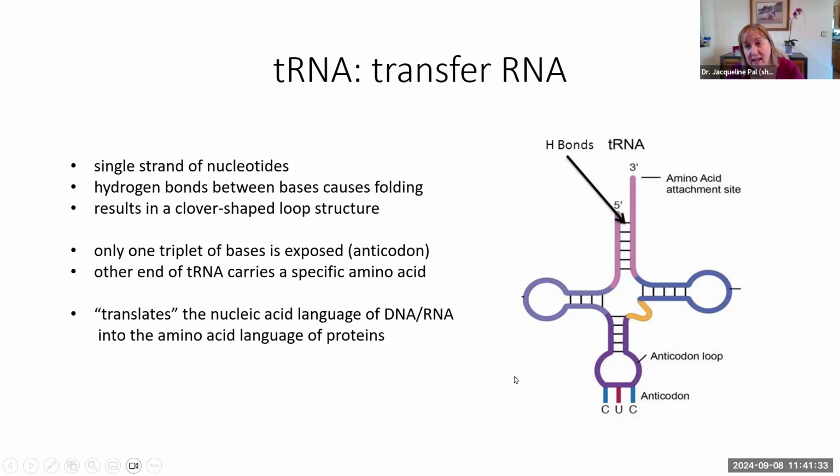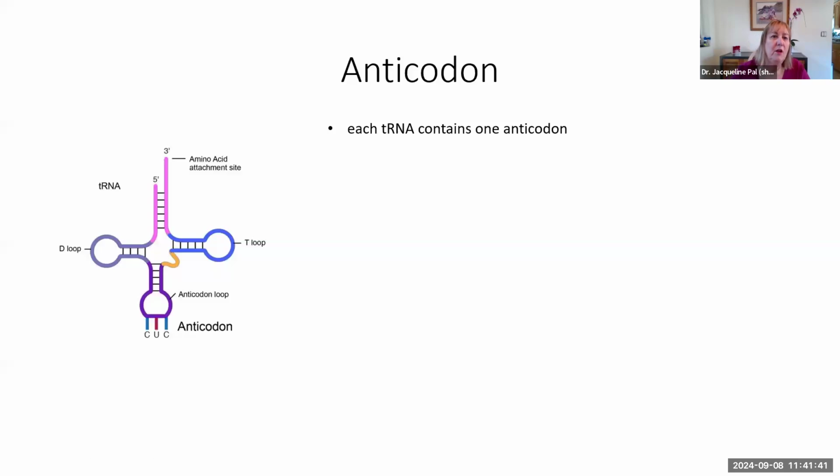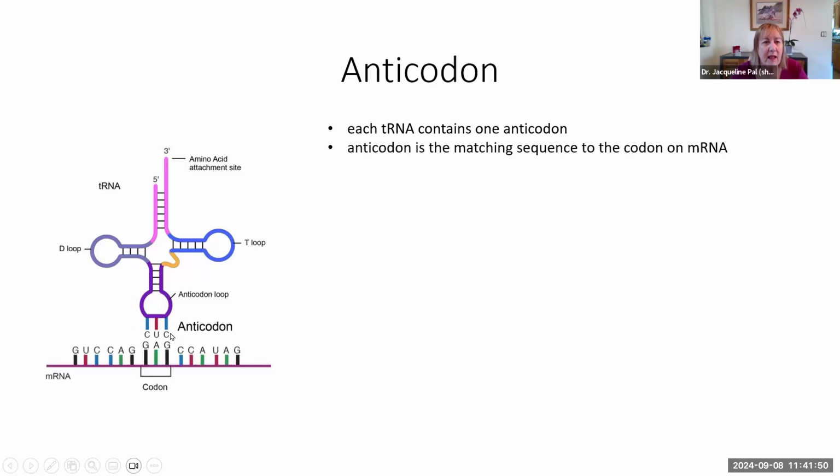So we're going from a nucleic acid language of DNA and RNA into a protein language by bringing an amino acid. As I said, each transfer RNA has one anticodon down at this end, and the anticodon is the matching sequence for a specific codon on the messenger RNA.